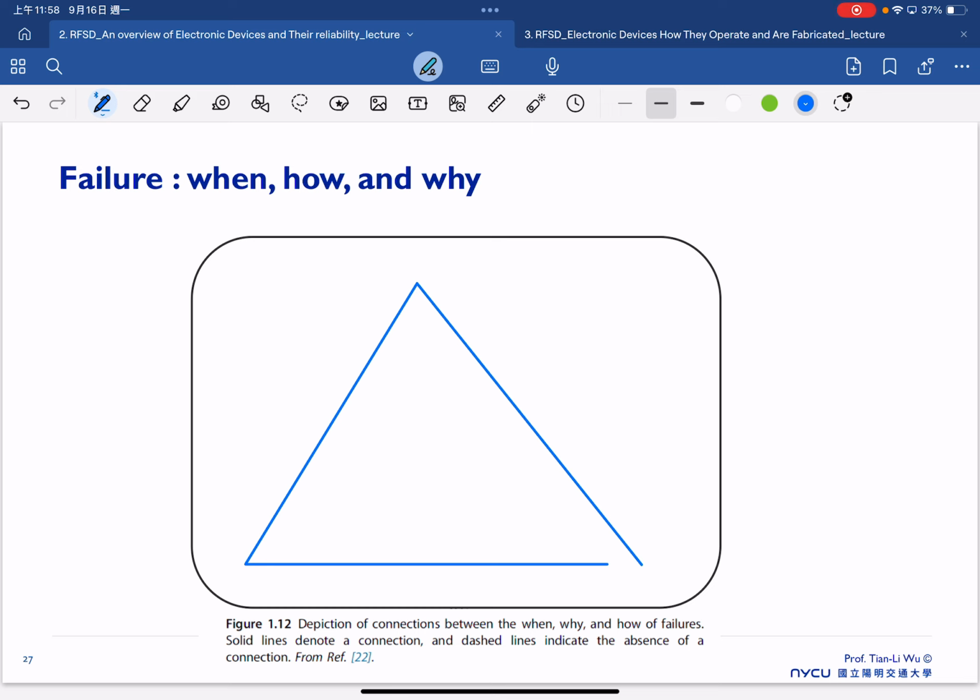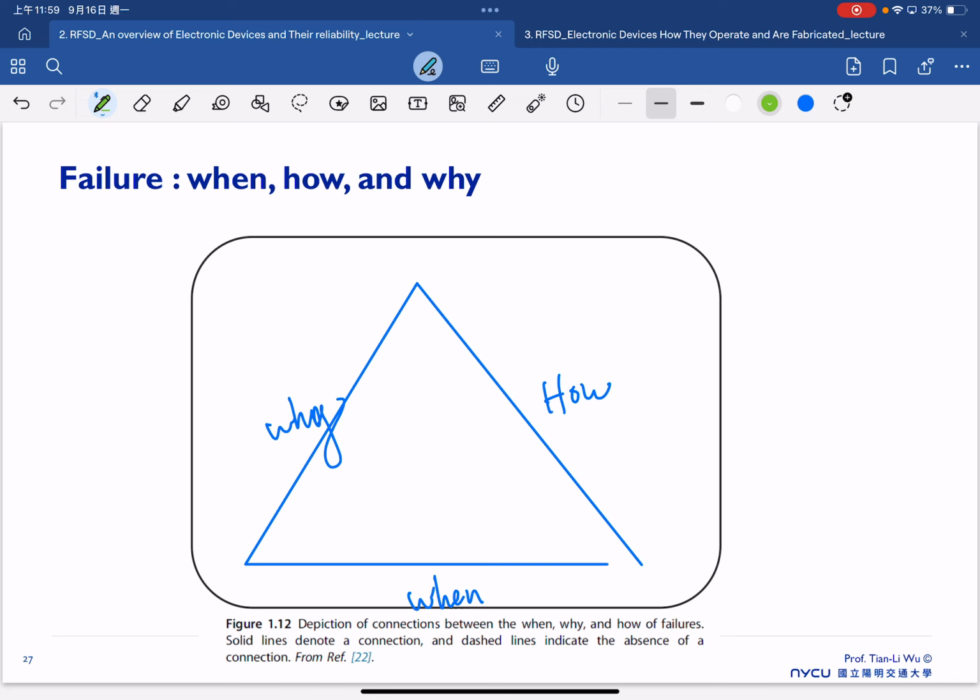For example, when will this failure happen? The next is how. And the last one is why. How this failure happens is because we apply the stress, due to an additional issue. And in the end, we need to understand the reason, the mechanism. So that's related to the why.